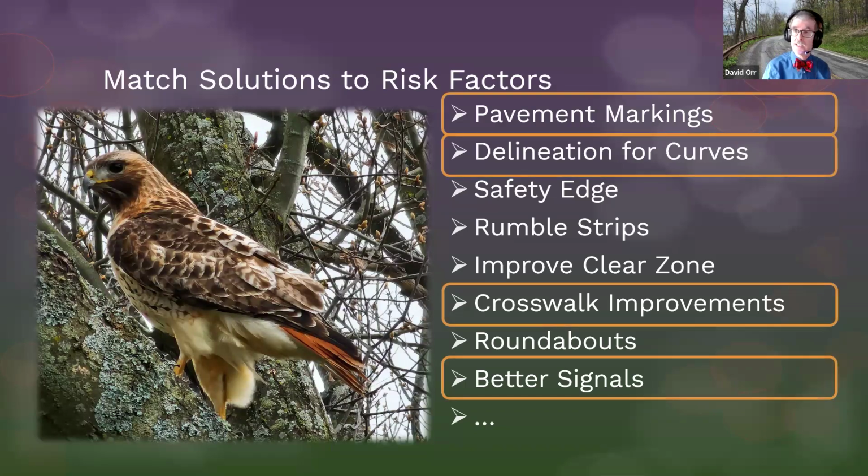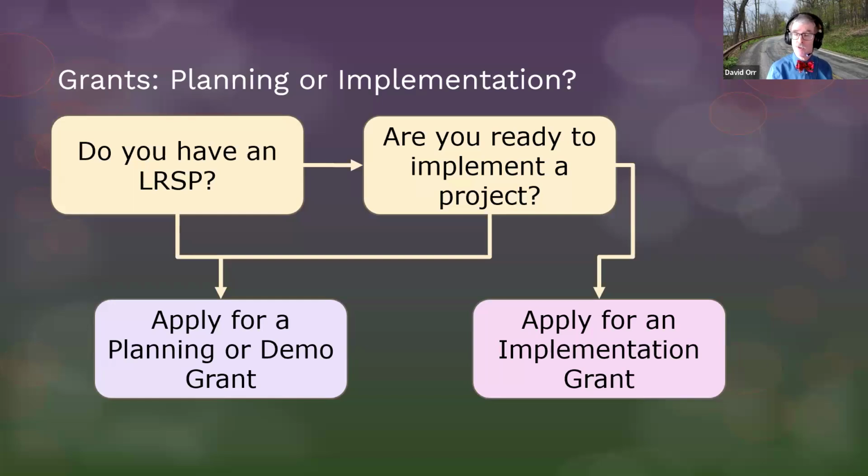Now, in terms of money, if you don't have a local road safety plan and you want to get federal dollars, they're going to say you could get some money to help pay for developing a plan, and there is money for that, but you're not going to be able to get an implementation grant. Pretty clear that you need to have a local road safety plan before you try to get implementation grant money.